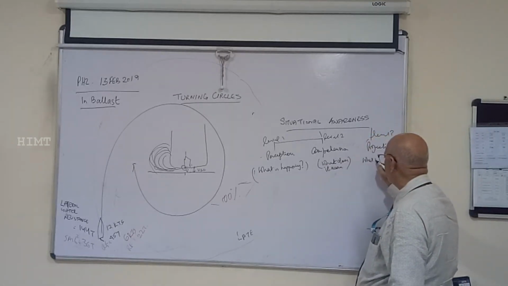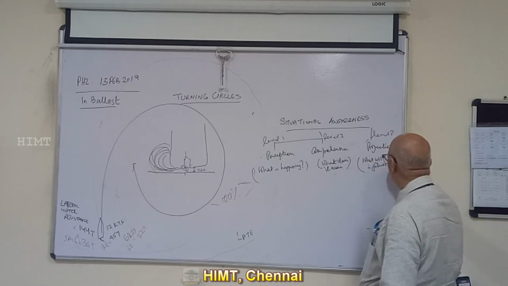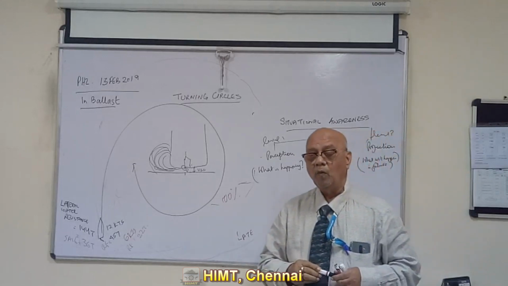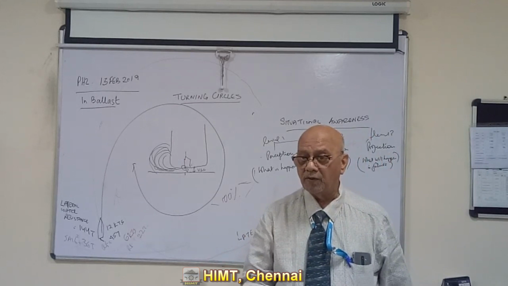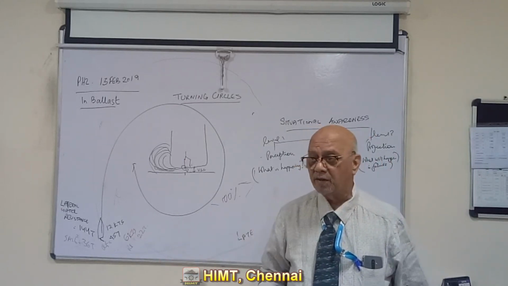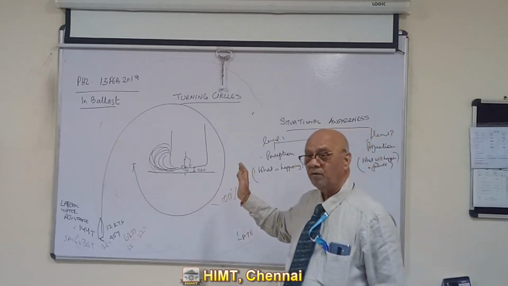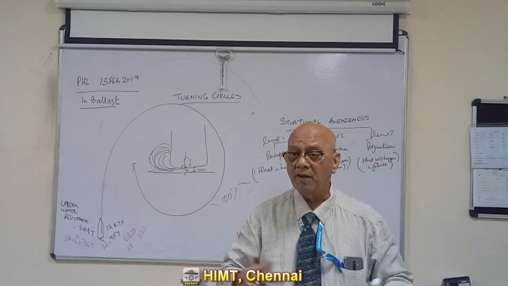And what will happen in future? What is happening? What does it mean? Where are you? In shallow waters, or your loaded condition, or your ballast condition? What is happening? How are the forces acting on you? And what will happen in future will depend upon your maneuvering characteristics.